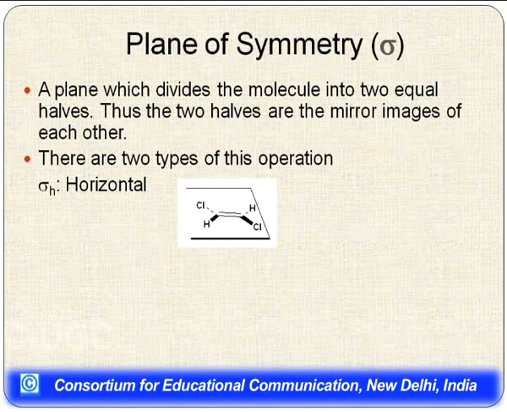You can see in the image that this is an alkene molecule. I took it as trans 1,2-dichloroethene, but if you take simple ethene, you would find that there is a plane of symmetry existing in the plane of the molecule. The molecule is planar itself, and that plane of symmetry is called the horizontal plane of symmetry.